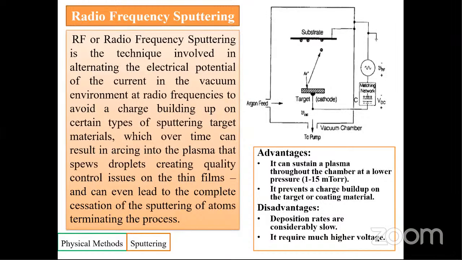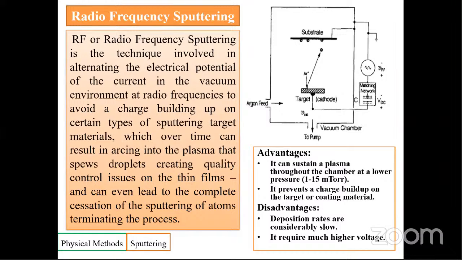Normally we use a radio frequency of 13.56 megahertz or so. The electrical potential of the current is alternated in the vacuum environment at reduced frequencies to avoid the charge buildup which takes place in the DC sputtering system on certain types of sputtering target materials, which over time can result in arcing into the plasma that spews droplets, creating quality control issues on the thin films.